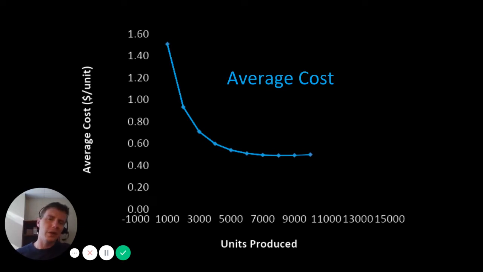What you can see is that the average cost on a per unit basis declines significantly as you produce more units up to a certain point, and then it kind of levels off. When we go from producing about 1,000 to 5,000 or 6,000, there's a huge drop in the average cost per unit. And then after 6,000 or 7,000, the average cost levels out and stays about the same.